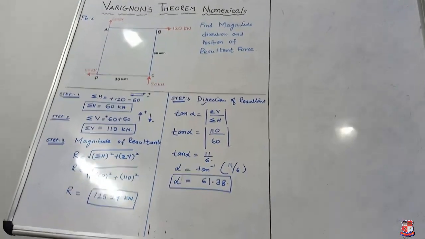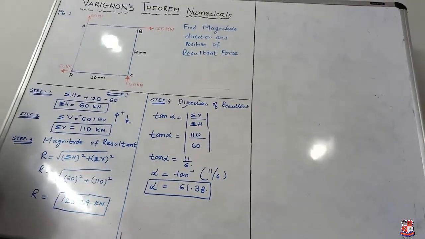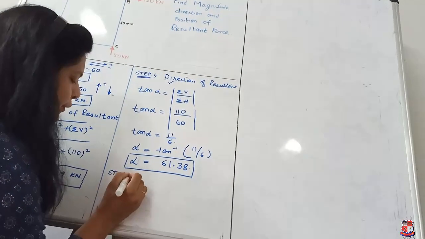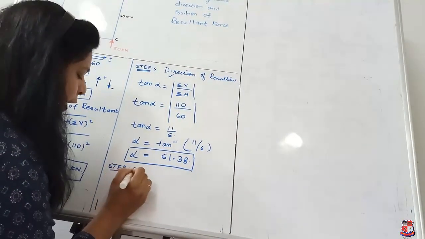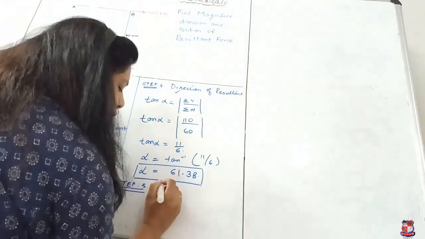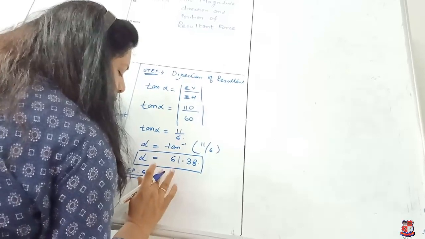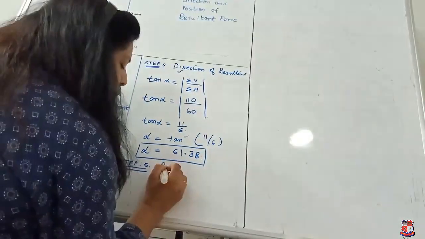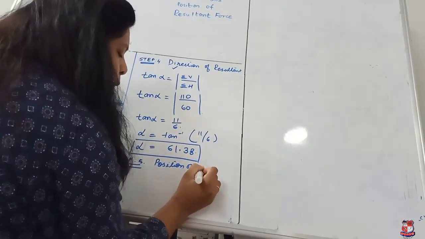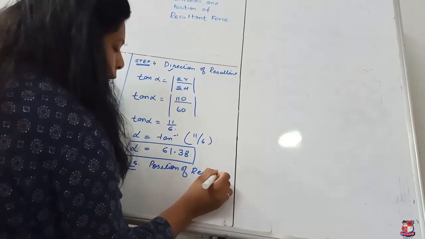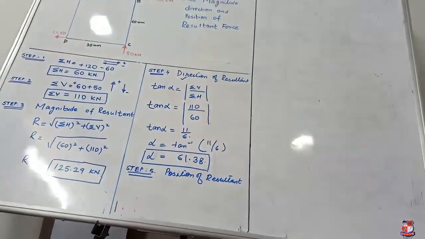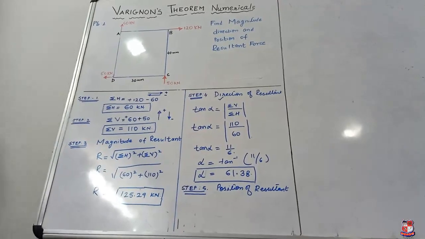Now we have to find out the position. To find the position, we have to take the moment of the resultant force about a point, and also we have to take the moment of all the forces about that same point.